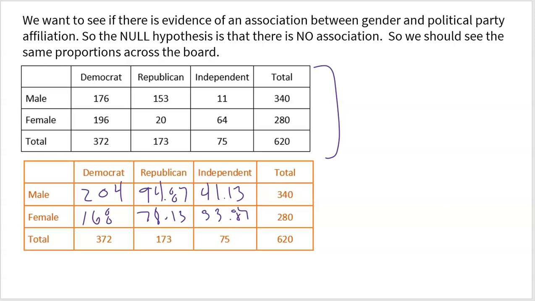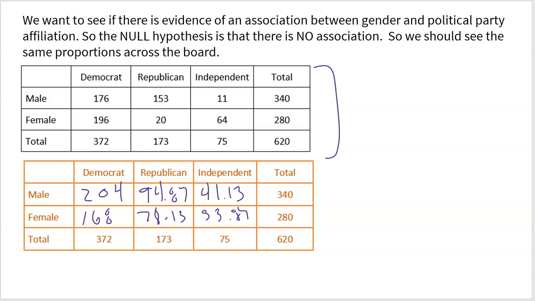If you just look at the numbers, for example, look how many fewer males are Republican than expected compared to what actually was. There are 153 observed male Republicans, but we only expected 94. You're like, oh boy, that's a big difference. Same thing with the Democrat females: we observed 196, we only expected 168.